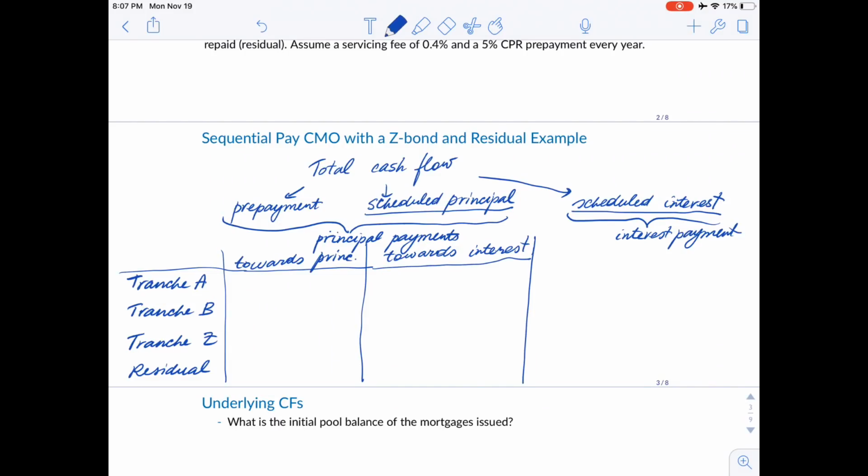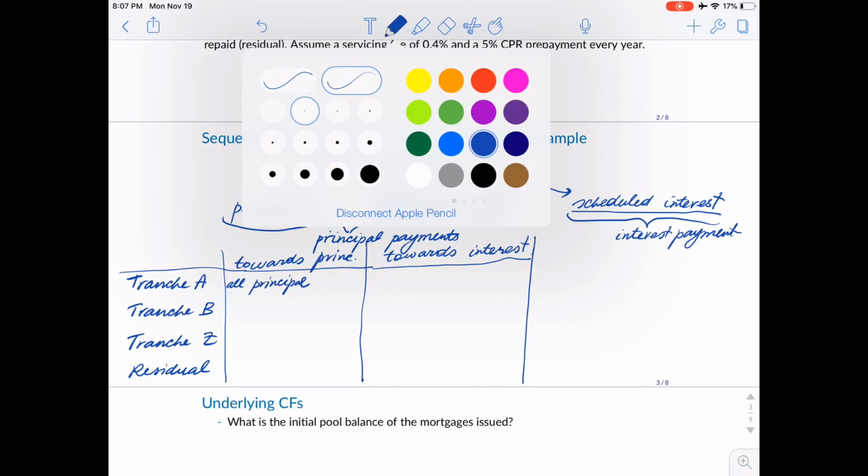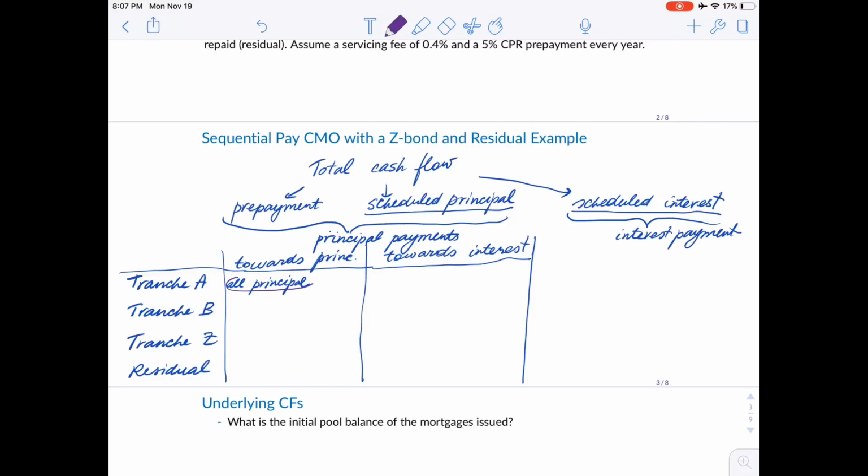So tranche A is the first priority in repaying its principal. So it will get all the principal, right? So this will be all of the principal payments, right? And it would also get the interest on the Z tranche towards repayment of its principal. So plus interest minus servicing fee on the Z tranche, okay?